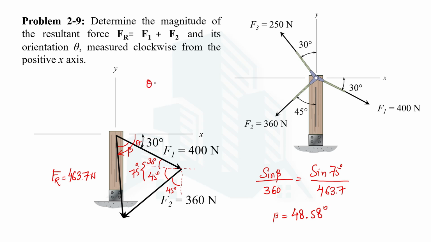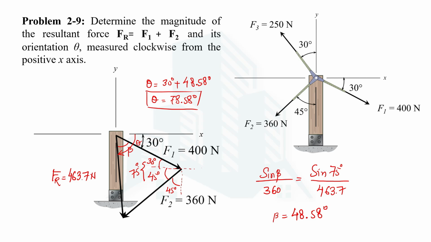So this theta will then be equal to 30 plus the interior angle, which is 48.58 degrees. On adding them, we will have 78.58 degrees as the angle which the resultant is making with the positive x-axis measured clockwise.